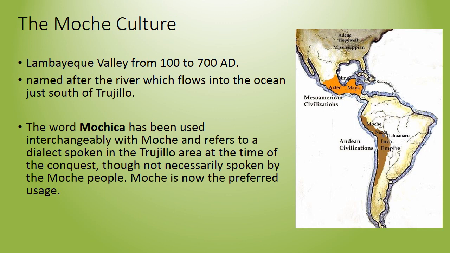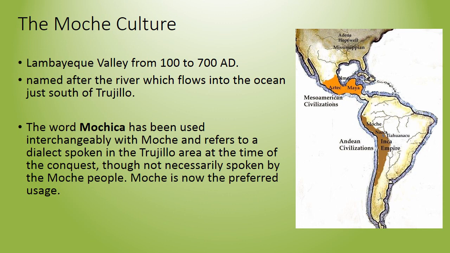Okay, now we're going to go back to the Moche in South America. I'm not trying to purposefully hop around, I'm just trying to go chronologically. So we had the earliest civilizations, the Olmecs, and then the Chavin, the Mayans, and Moche. But there's not a lot of evidence for the Moche culture.